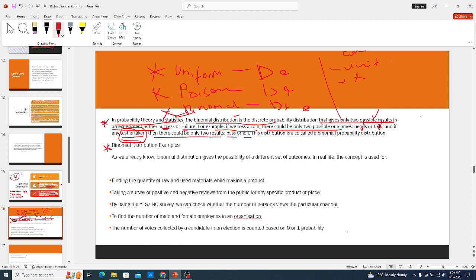Okay, so this kind of distribution is also known as binomial probability distribution. We have said that binomial distribution is a probability distribution where we have the likelihood of only two outcomes out of an experiment.